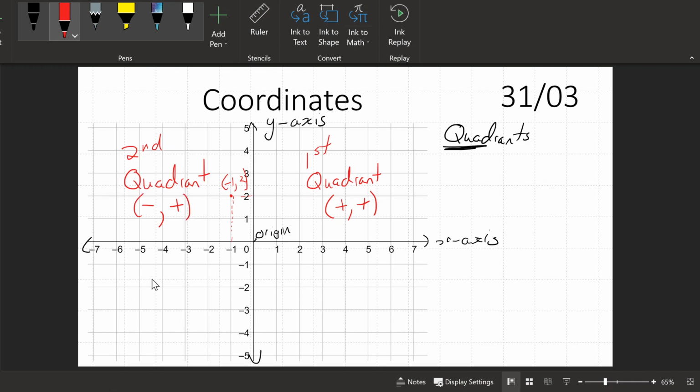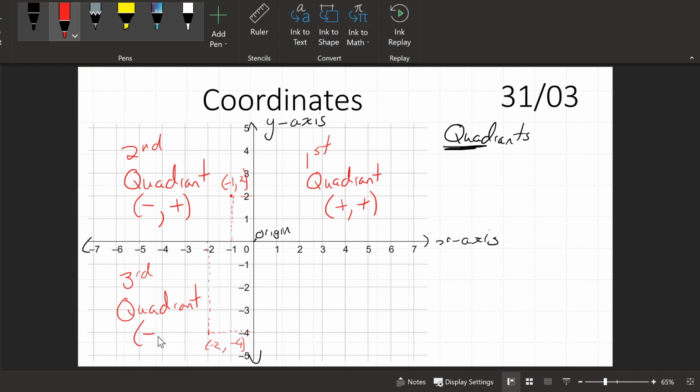Okay, let's move on to our next quadrant, the third quadrant, this section here, okay? Now, do you think that the values here will be positive or negative or a mix? If you said entirely negative, you'd be correct. So you can see, if I just pick another random point here, you'll see that's -2 as our first value, and that's -4 as our second value.